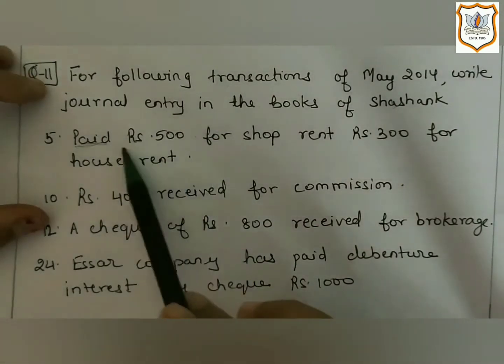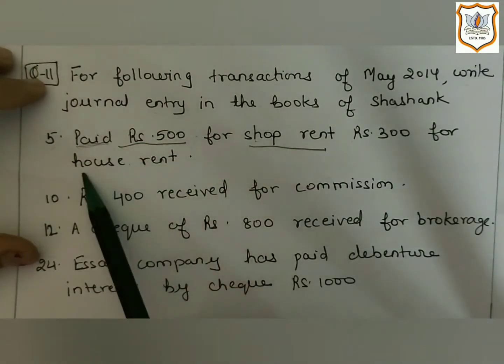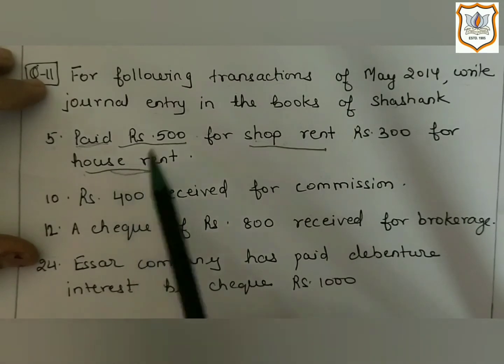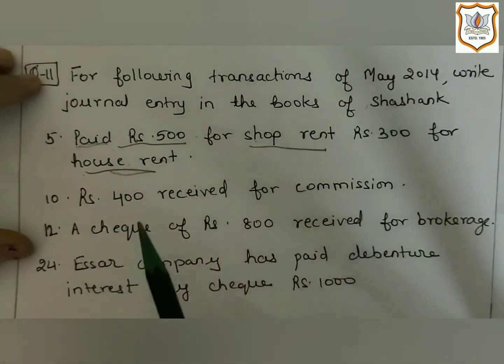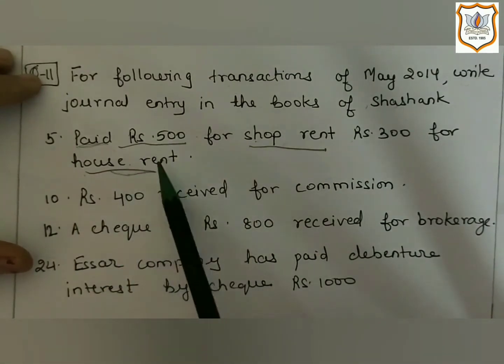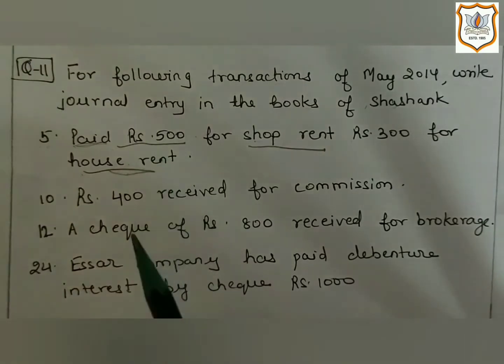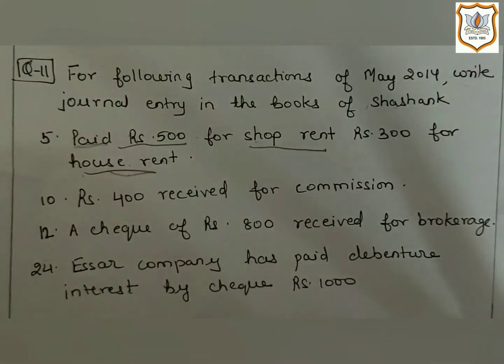So here cash account, then shop rent account, then house rent. That means it is personal expense of the owner Shashank. So personal expense, as it is personal expense, so we will name it drawing. So here drawing account will be affected.